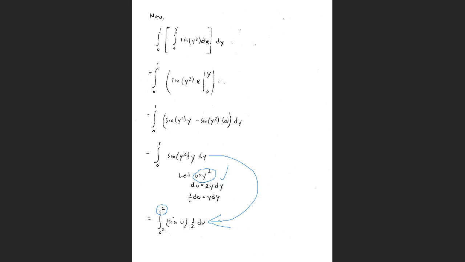When y equals 1, u becomes 1 squared, and when y equals 0, the corresponding u limit would be 0 squared. And so we're going to be able to find the answer to this problem.